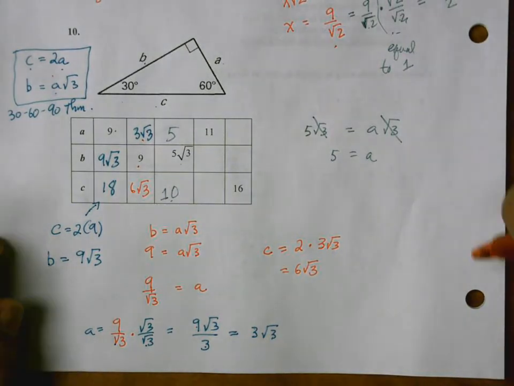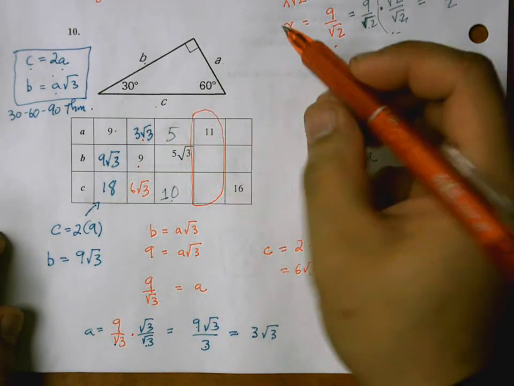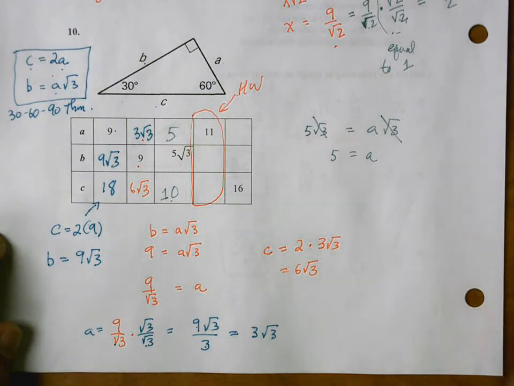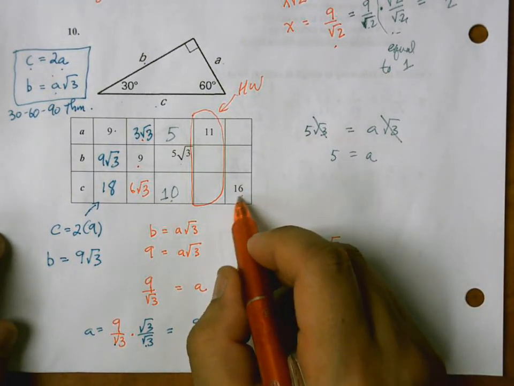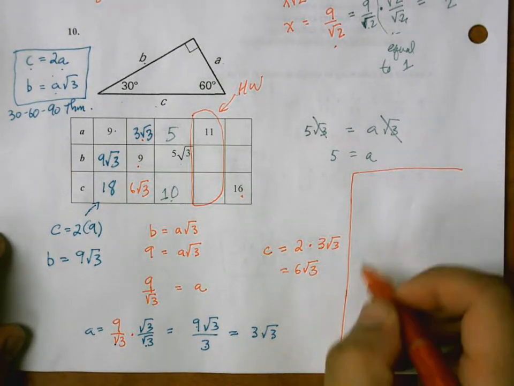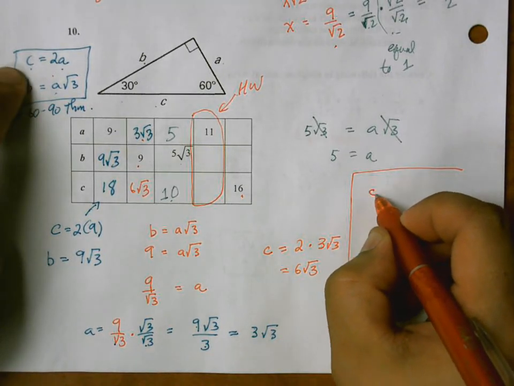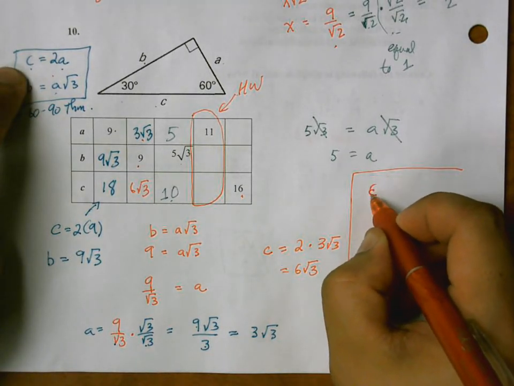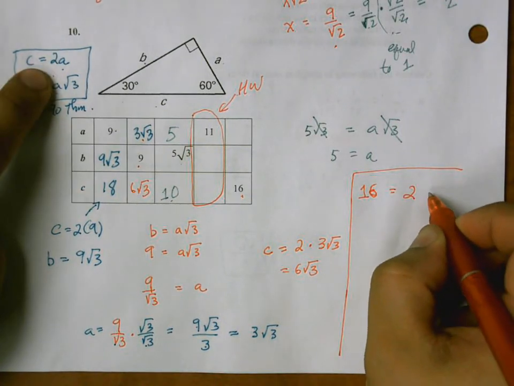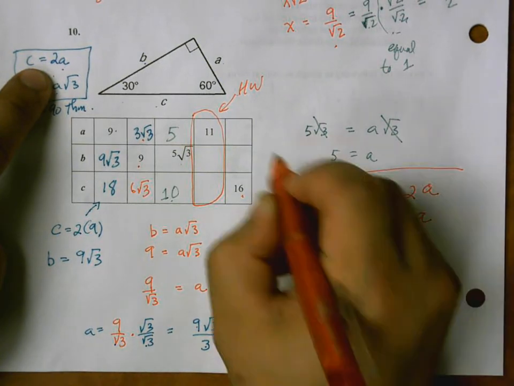I am going to skip this next column because I'm very confident that all of you should be able to do this. So we'll make this part of your homework. Do it on your own, and I'll show you how to solve when we're given C. So C is 16, and that's twice as big as A. So that means A is equal to 8.